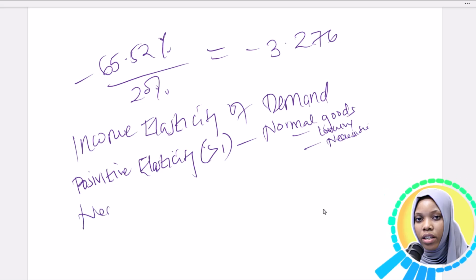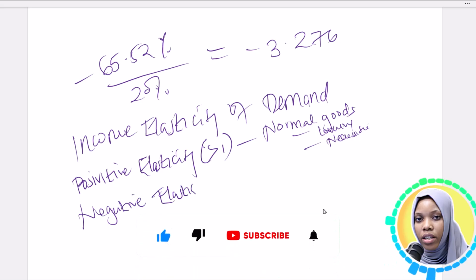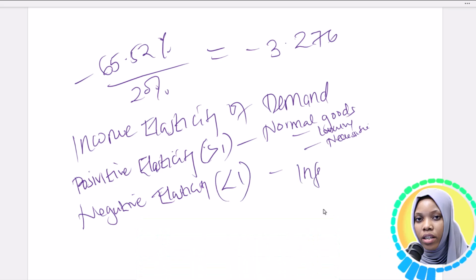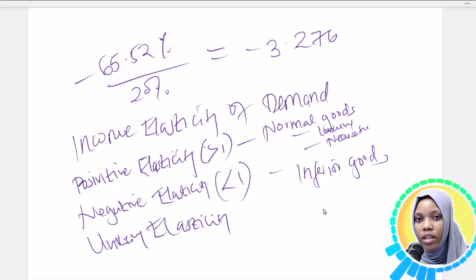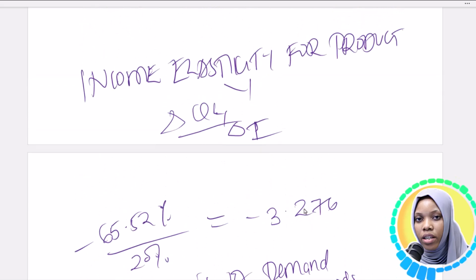Then there's the negative elasticity. This is less than 0, and this is the inferior goods. And then there's the unitary elasticity, which is, the calculation gives us equal to 1, or equal to 0.